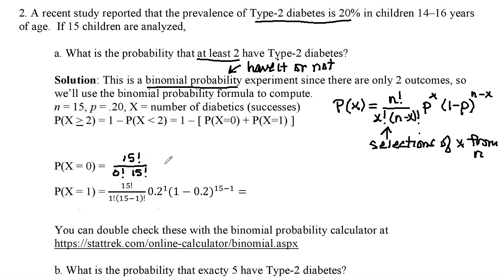That's what that means. And then our probability of success is 0.2, and that gets an exponent x, which in this case is 0. And then 1 minus 0.2, which is 0.8, is the probability of failure. That gets an exponent of 15 minus 0, or 15. So if you key this into your calculator, you will get 0.0351.